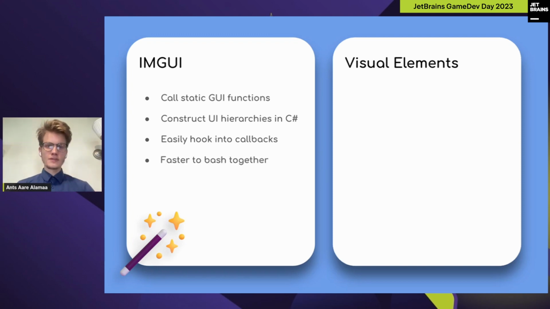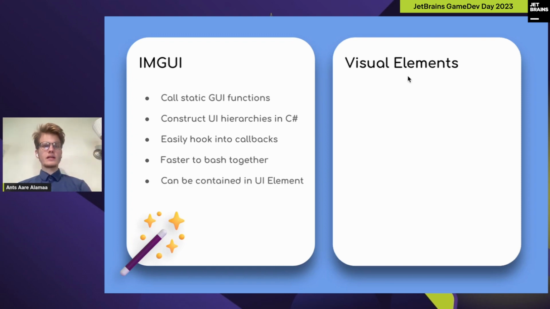This is my personal opinion, but it's really easy to just bash a bunch of stuff together. If someone asks, can I have a quick tool? You work on it half an hour, you get something good and can communicate with the person, hey, is this what you want? It's really easy to make a quick prototype, in my opinion.